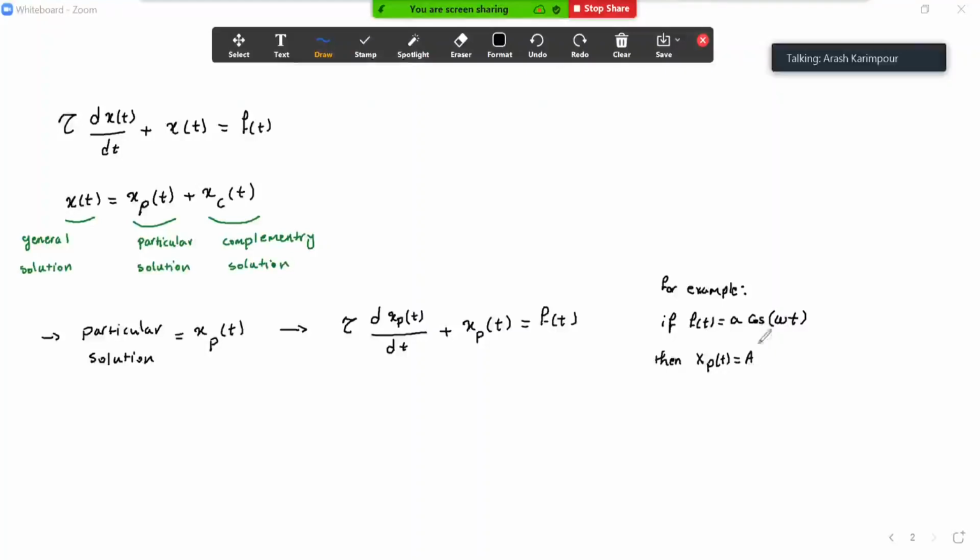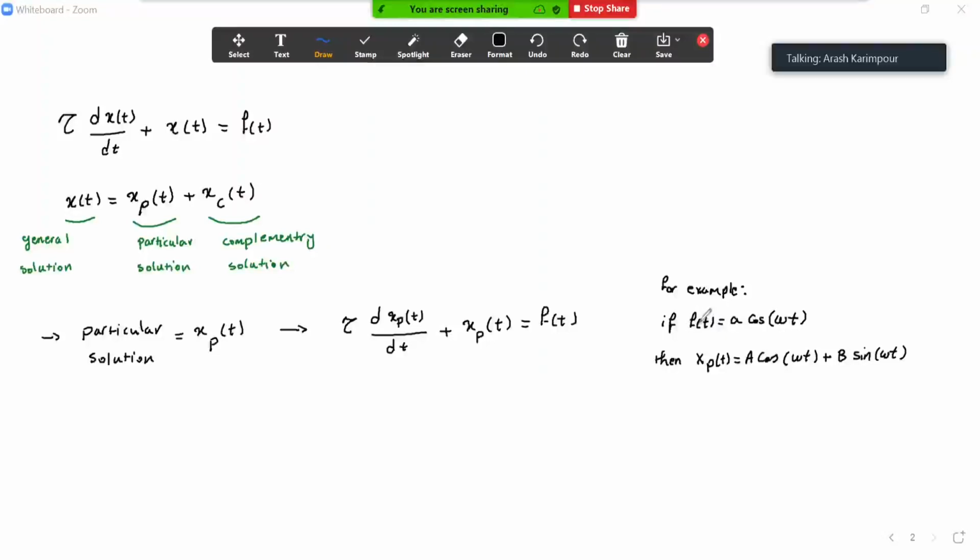It's going to be a cosine omega t plus b sine omega t. And as I said, you are given the xp, and just know that the xp is dependent on the f(t).